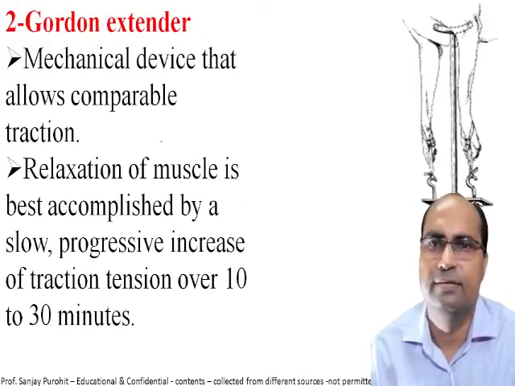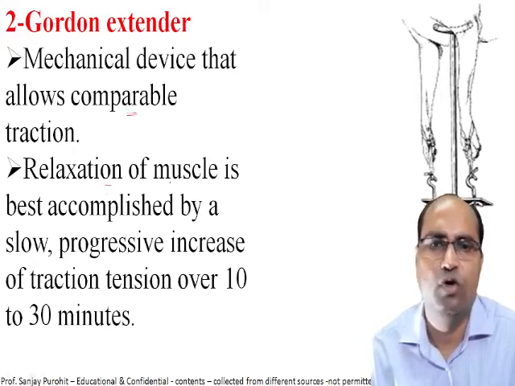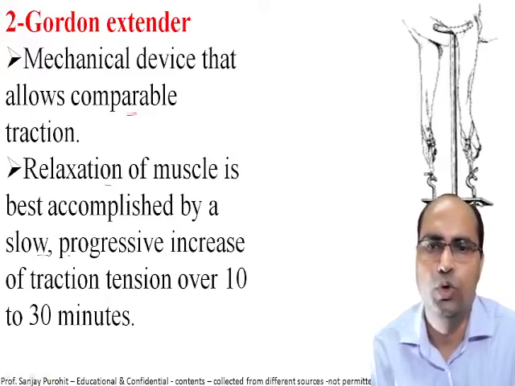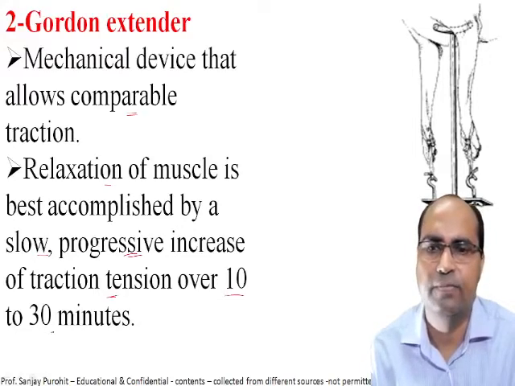Gordon extender, a mechanical device that allows comparable traction. The relaxation of the muscles is best accomplished by a slow, progressive increase of the traction over 10 to 30 minutes.